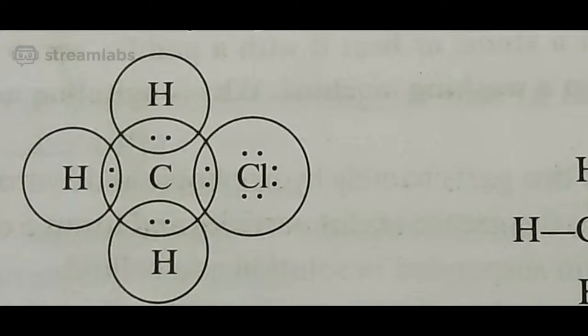In the same way, the chlorine has 7 valence electrons, and it shares 1 electron with the carbon. So this is how the dot structure explains how the valence electrons help in the formation of covalent bonds in chloromethane. It is completely based on valence electrons.